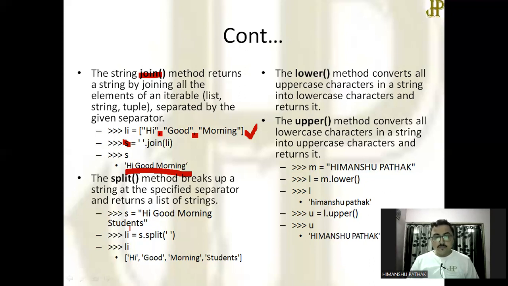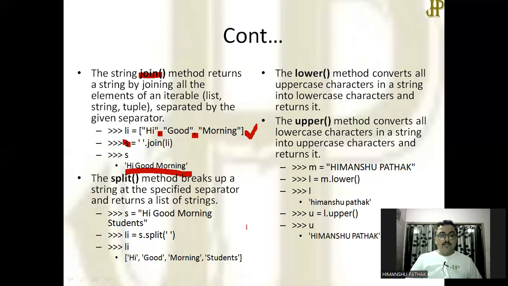So what is to be done? I have to do s dot split and give the argument how to separate. Okay, by using what? Space. Whenever a space is found, you have to keep the elements as single elements in the list.